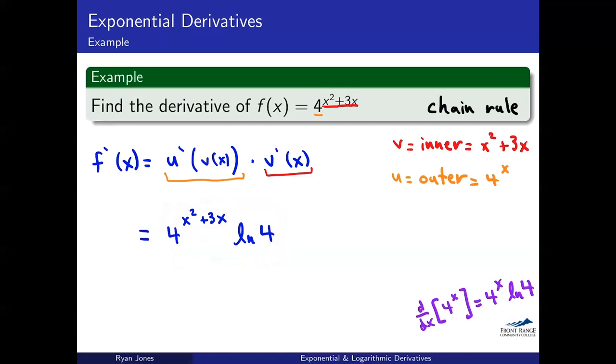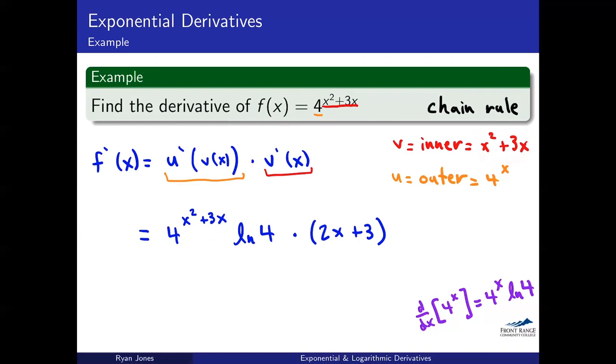I'm leaving that inner function as it were, rather than writing something different. So I'm not done. I still have to multiply by the derivative of v, which is the inner function. And when I multiply by that derivative, I'm going to have 2x plus 3 for the derivative. And that's just me taking a derivative of x squared plus 3x using the power rule there.